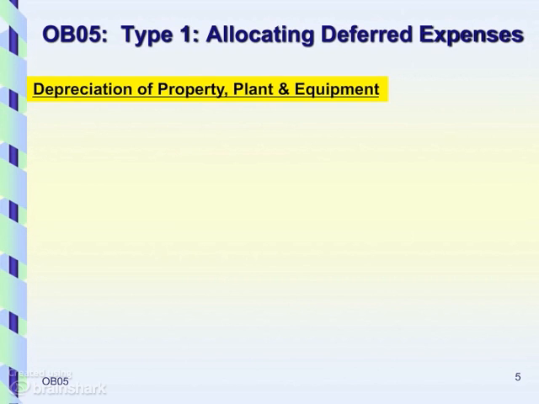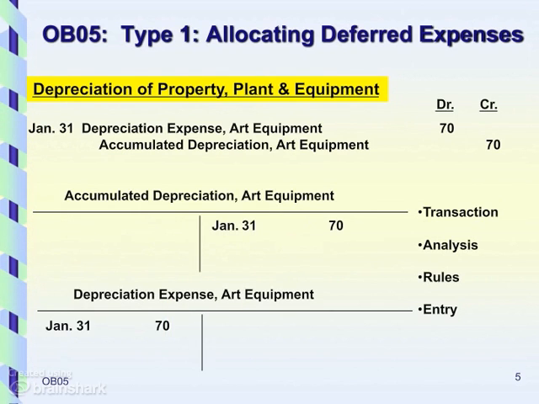Let's look at this depreciation in a little bit more detail. When a company buys a long-term asset, such as a building, trucks, computers, store fixtures or furniture, it is in effect prepaying for the usefulness of that asset for as long as the asset benefits the company.